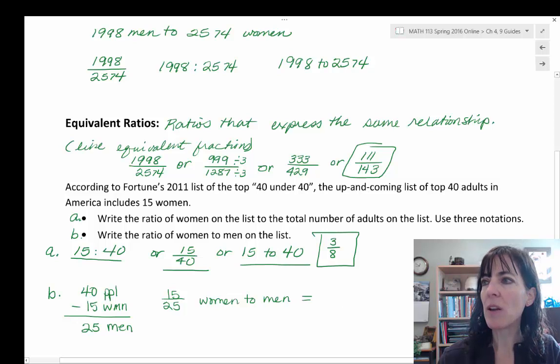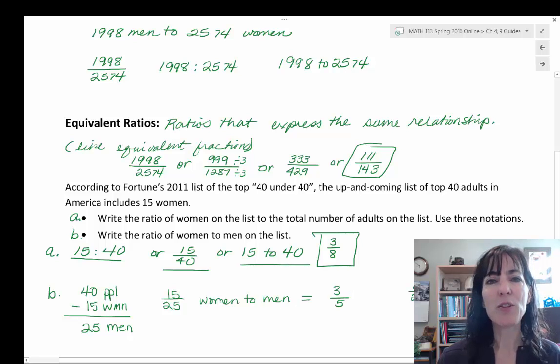So 15 over 25, divide each by 5, or you can use your calculator. And I end up with 3/5. So the women to men is going to be 3 to 5. Okay, so there we have the original and its equivalent ratio of 3 to 5.